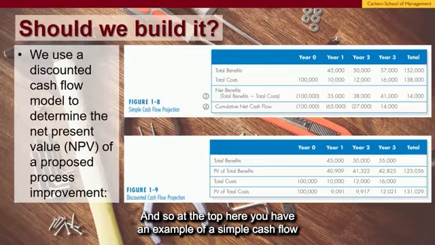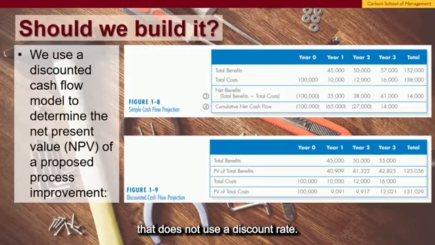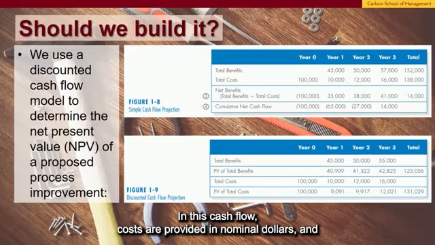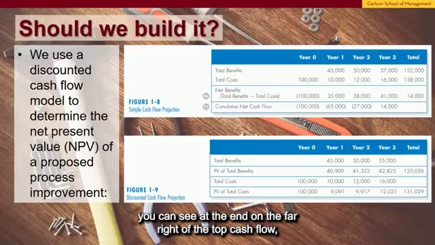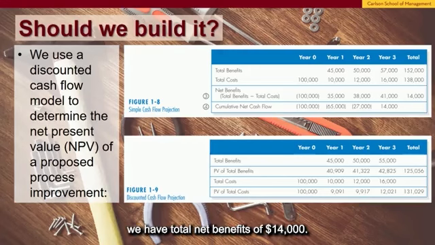And so at the top here, you have an example of a simple cash flow that does not use a discount rate. In this cash flow, costs are provided in nominal dollars, and you can see at the end on the far right of the top cash flow, we have total net benefits of $14,000.